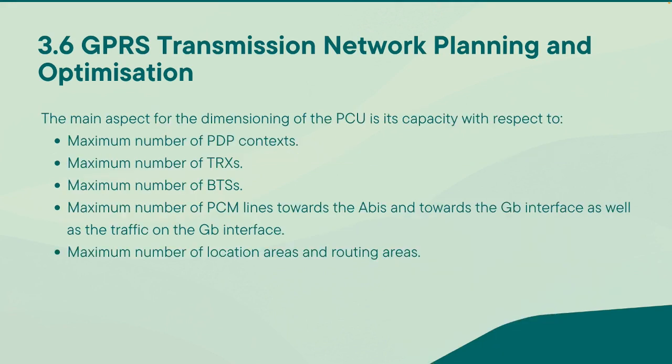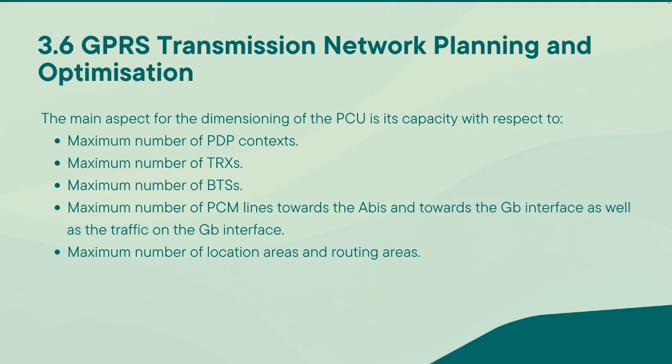So the main aspect for the dimensioning of the PCU is its capacity, and there are 5 points. One is the minimum number of PDP contexts, the minimum number of RTX.